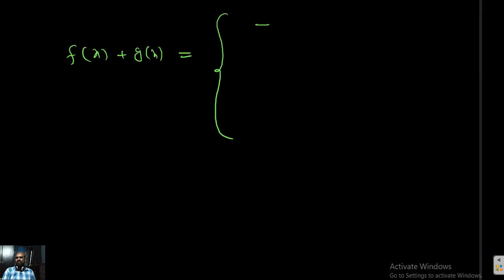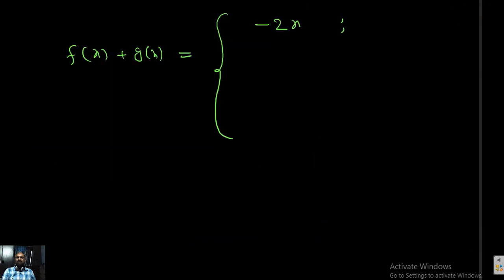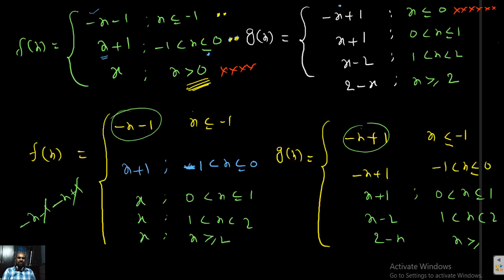I will write here minus 2x. For what values of x? Same, x less than or equal to minus 1. Next, I want to add this with this. So x plus 1 minus x plus 1. The x gets cancelled, 2.